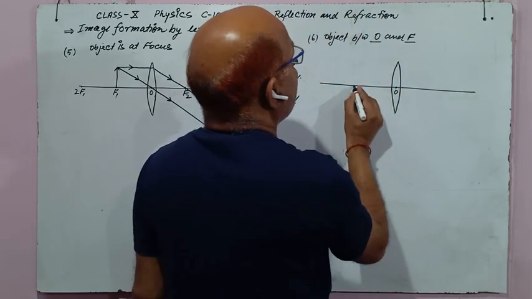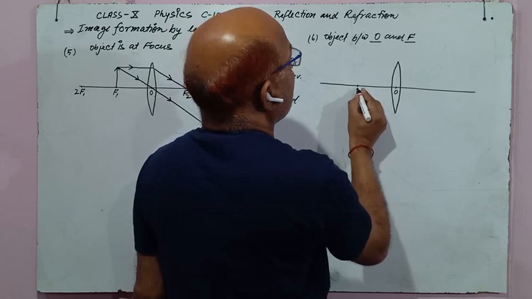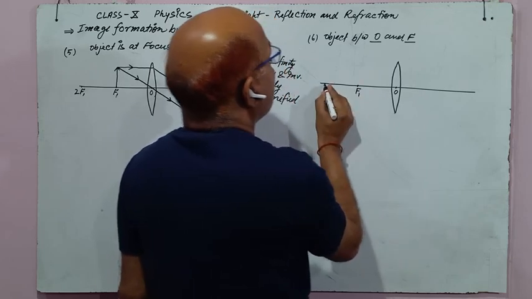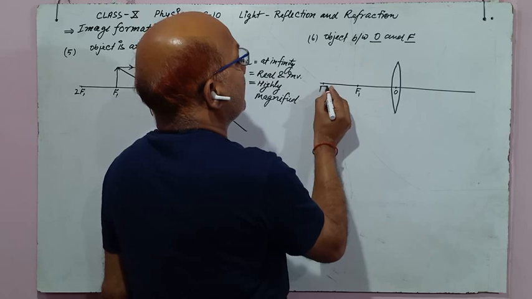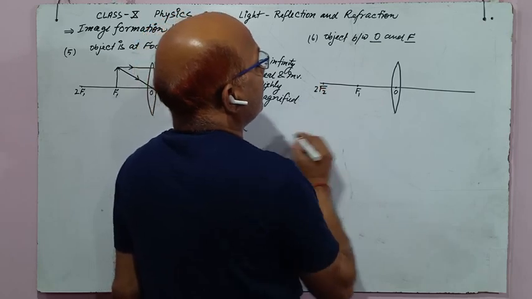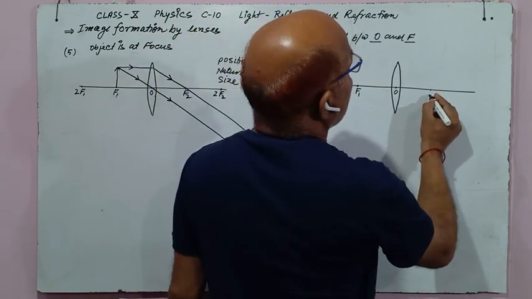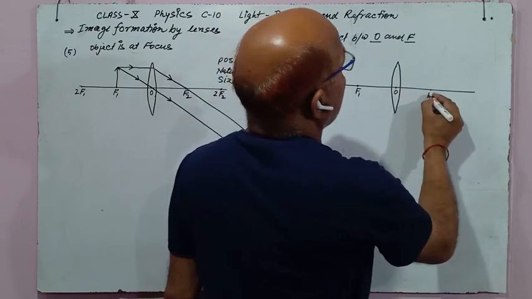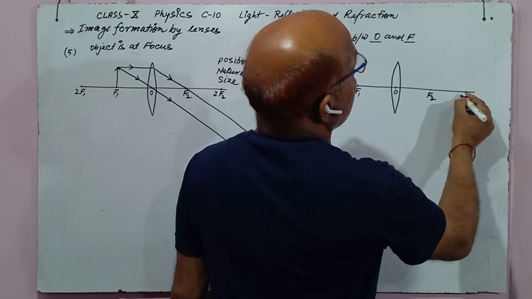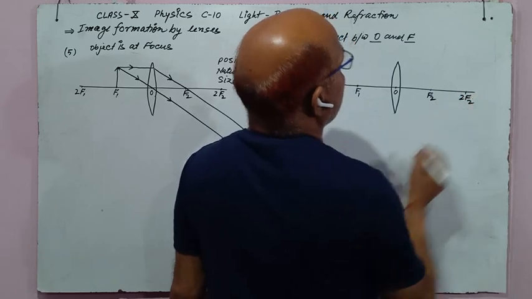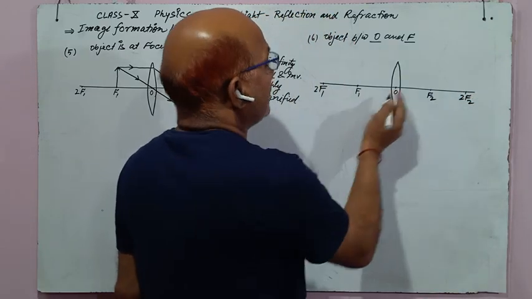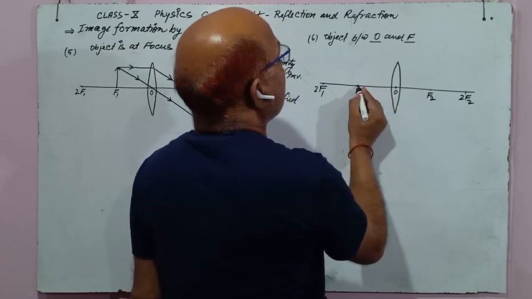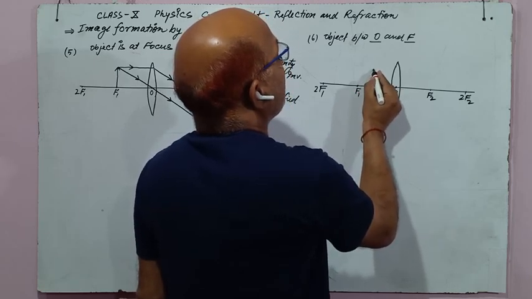This is optical center. It is F1, it is 2F1, it is F2, and it is 2F2. Now object is between optical center and focus. So we will place the object here.